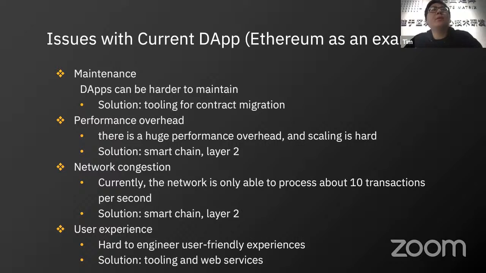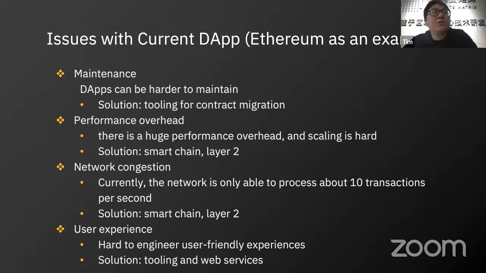Okay. There are currently some issues with current decentralized apps, especially on the Ethereum blockchain network. I also listed some potential solutions, or attempts people have made to solve these problems. The first one is maintenance.